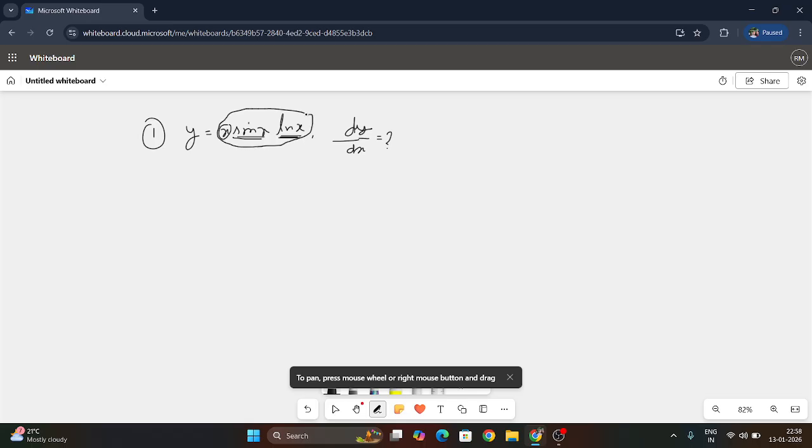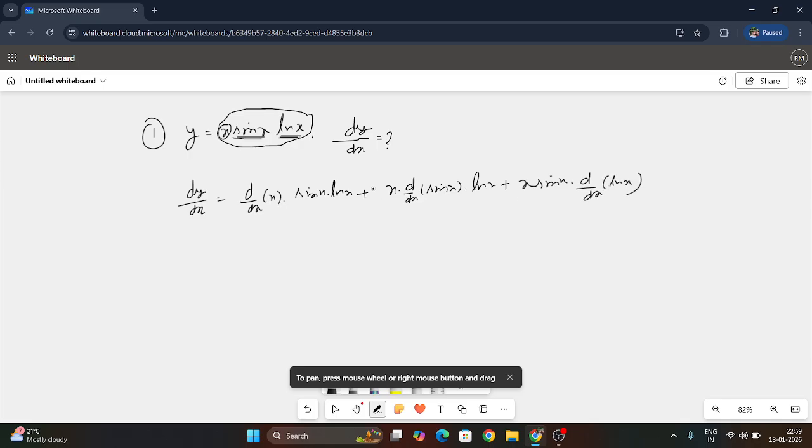So as I told you the formula, let's apply that formula: differentiation of f(x) into g(x). But here there are three functions, not two, so the process is the same. Write dy by dx: differentiation of the first function, and the second and third as they are, plus differentiation of the second function, remaining as they are, plus x sin x and differentiation of the third function.